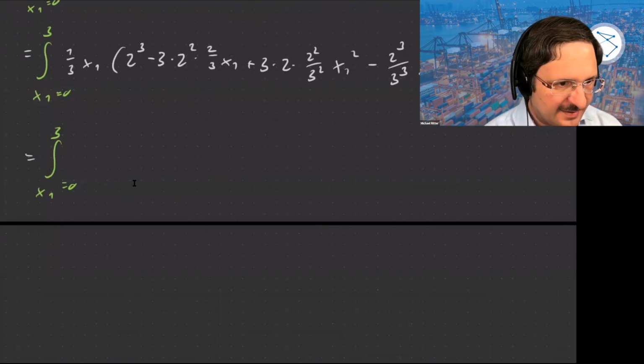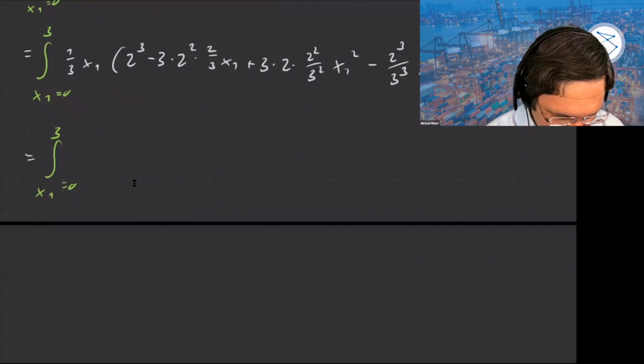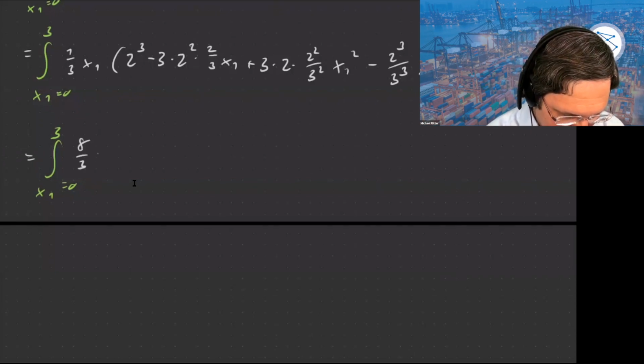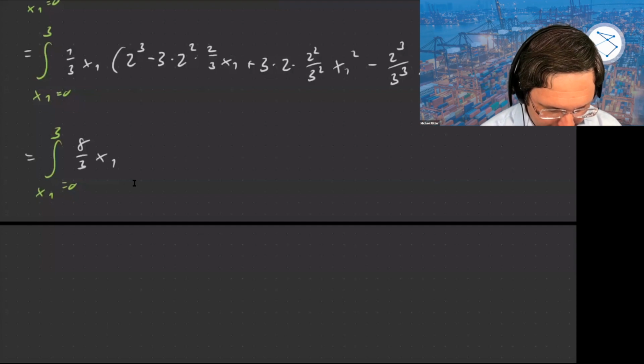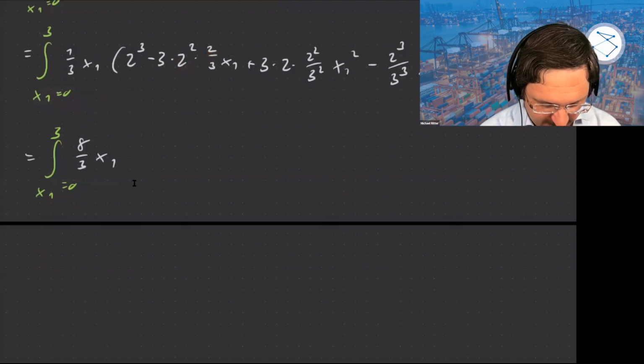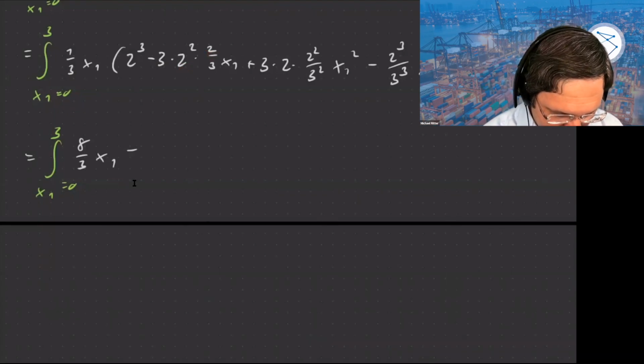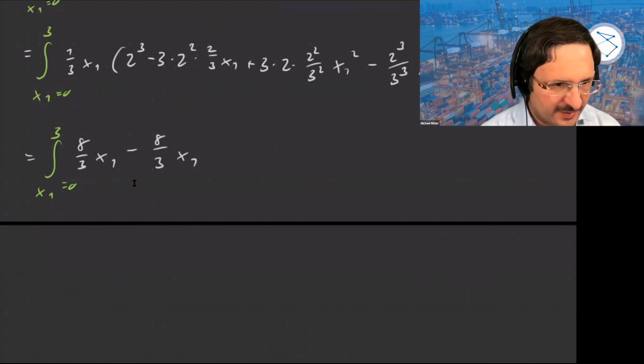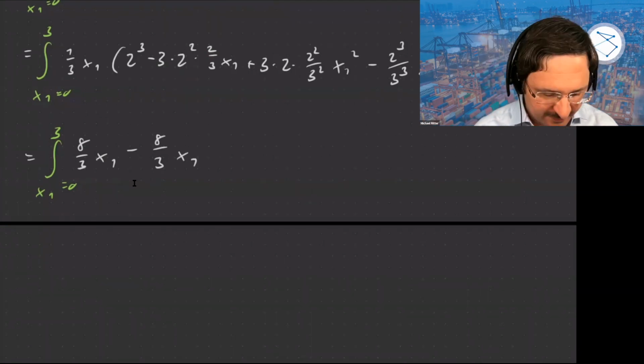So what we get is 2 to the power of 3, that's 8. 8 over 3 x1 minus, here we have 3 that cancels out, so we have a minus 2 to the power of 3, that's 8 minus 8 over 3 x1, that's nice. At least we get rid of that one.